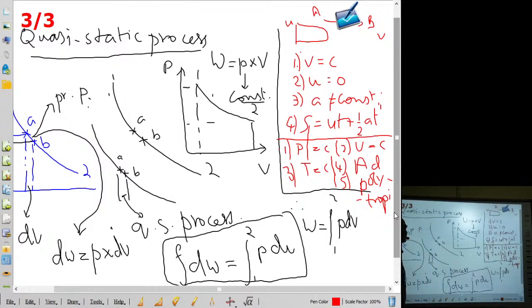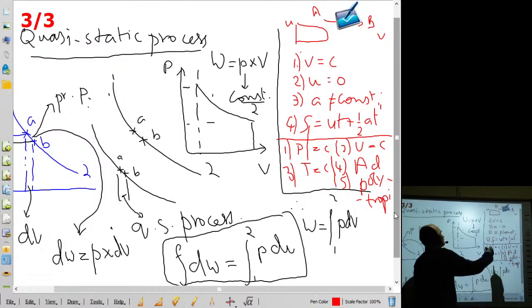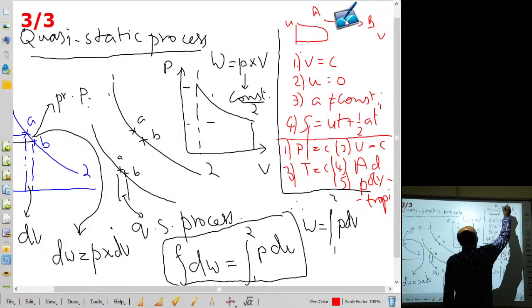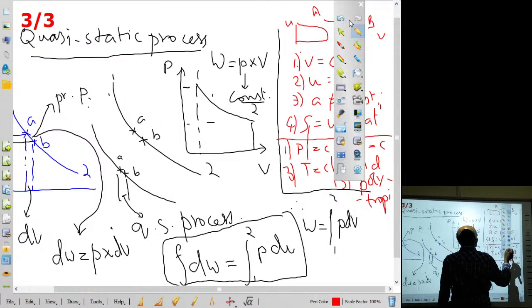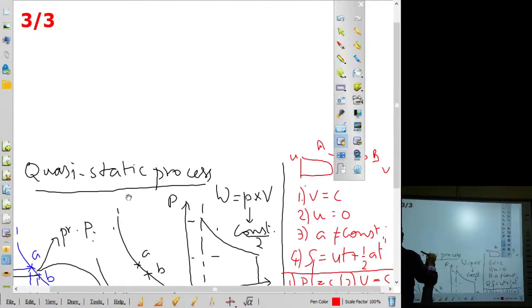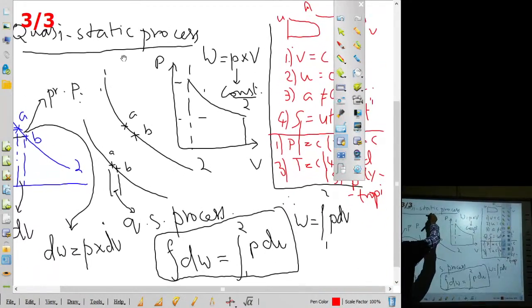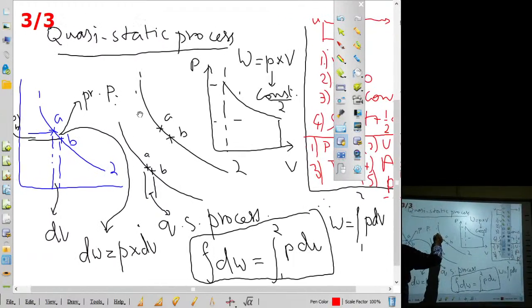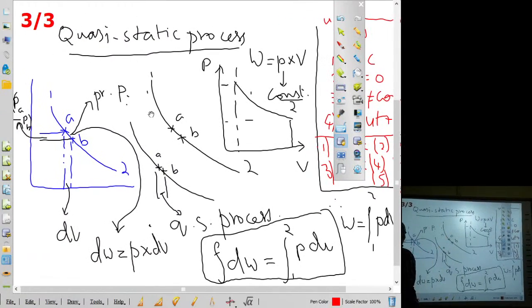Okay. So for those who are noting this down, I will go to the previous page. So you may copy it down. So quasi-static process was the start. So perhaps this is the only page that we have. So make a note of it.